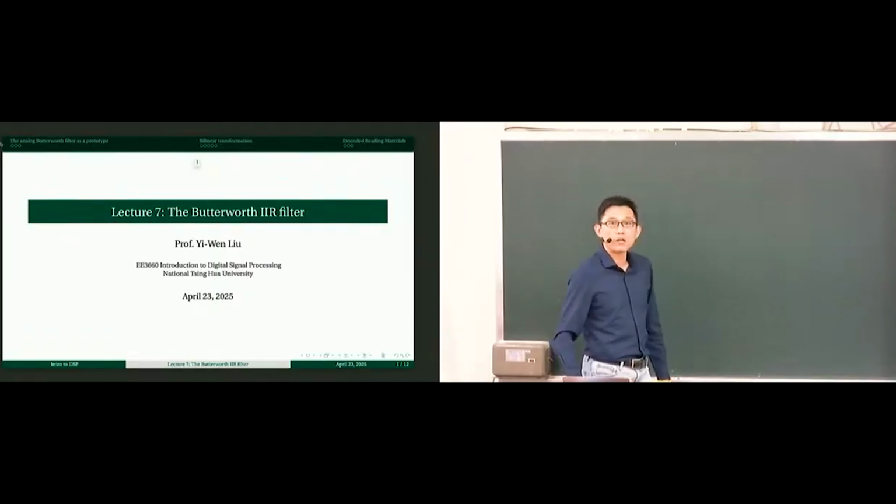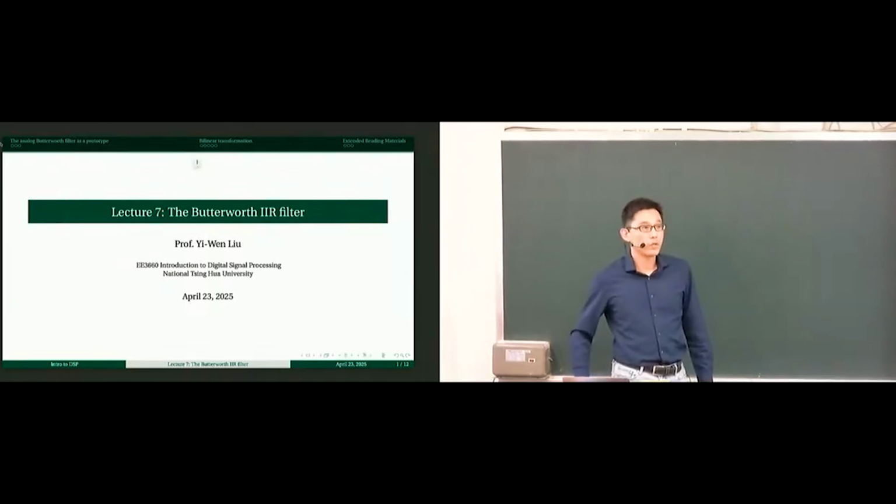All right, so let's take a preview of where we were last week. The Butterworth IIR filter. Butterworth is a kind of filter which has an analog prototype, right?